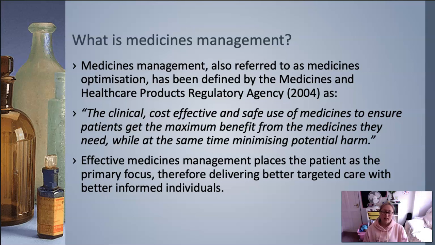And then, of course, like anything, we have to bring in and think about the cost. These medications might be absolutely amazing, but if a particular tablet is extremely costly, you've got to think about the benefits for the patient and the benefits for other patients if you didn't prescribe a particular medication.